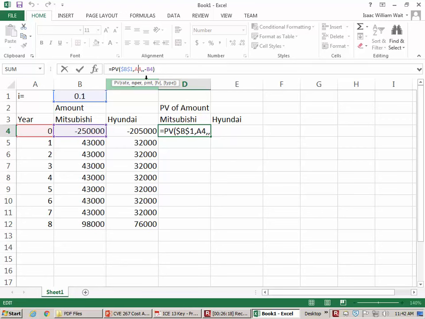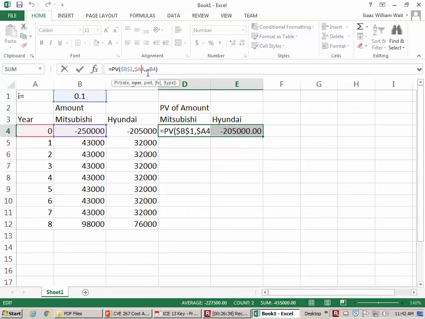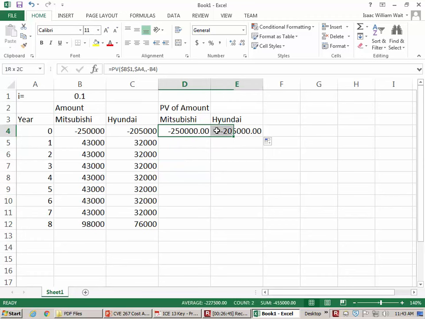So here I was anchoring both the column and the row for the I, but here I'm going to anchor just the reference to column A. And that way I can drag it sideways and it's still looking at column A for the year. So that's a little trick with anchoring.